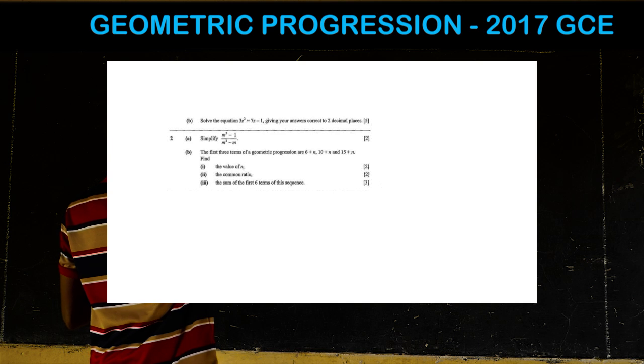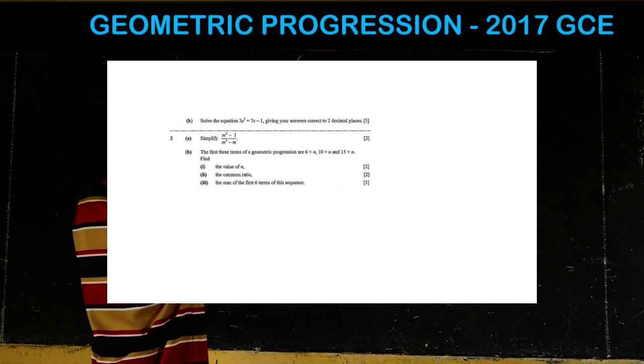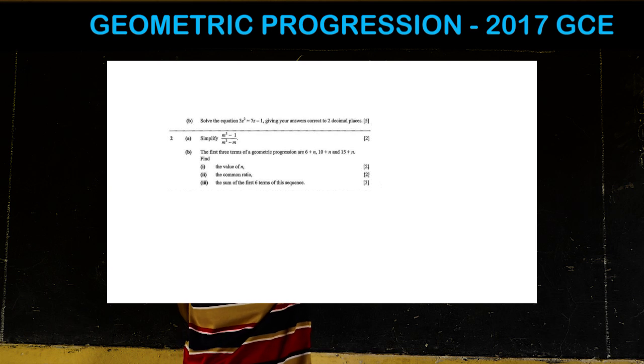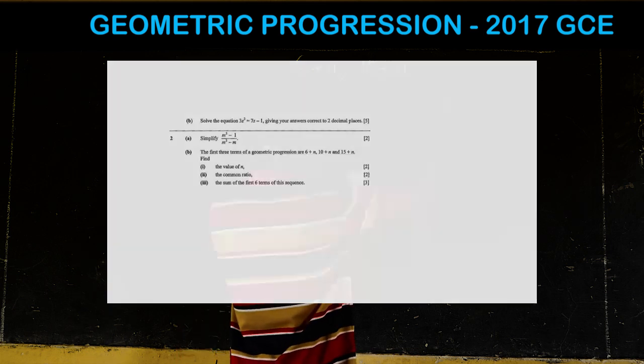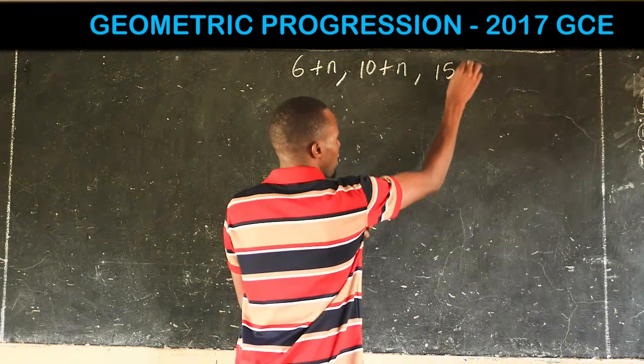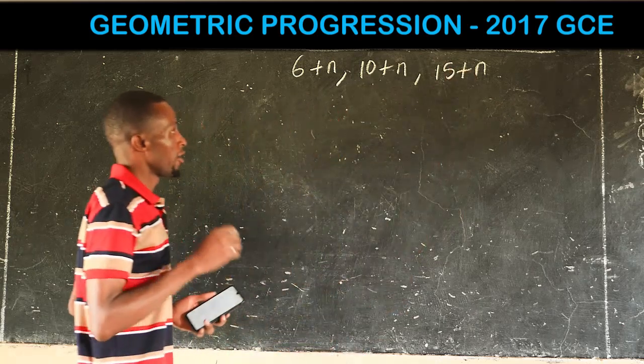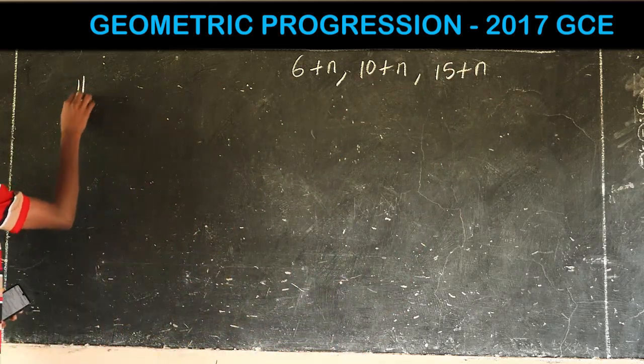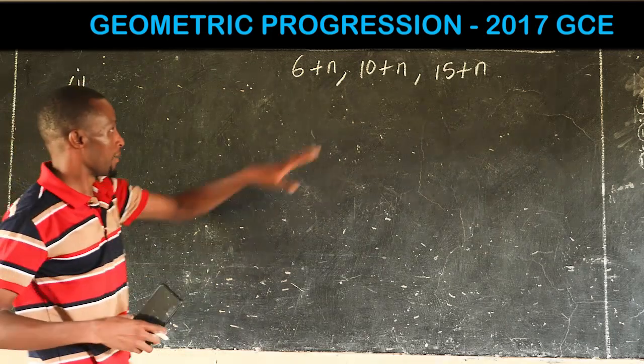So we've been given the first term as 6 plus n, the second term as 10 plus n, and the third term as 15 plus n.